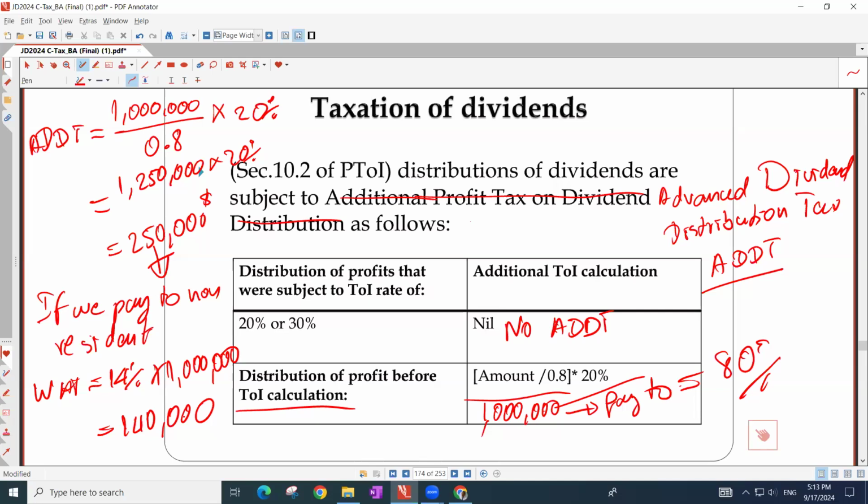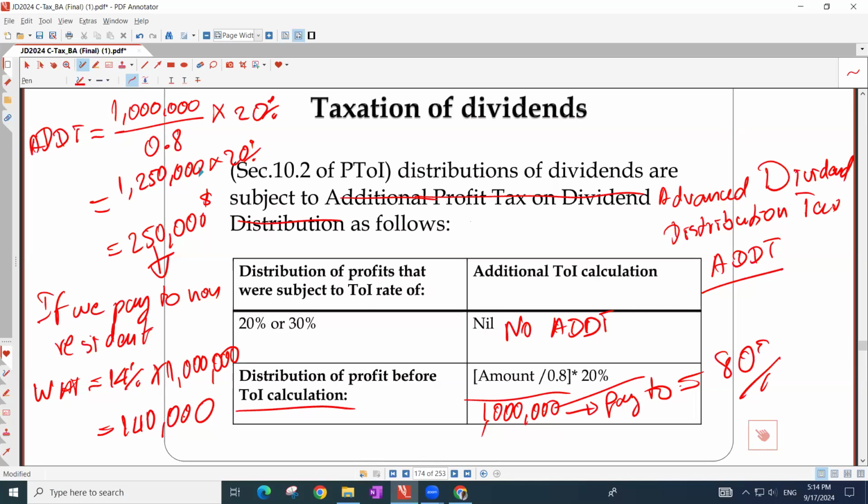Okay, you can see at the time the company makes a payment of dividend before tax, $1 million, you need to pay a lot of tax: 225,000 income tax, or what we call ADDT, and another 140,000 as a withholding tax if we pay to a non-resident.